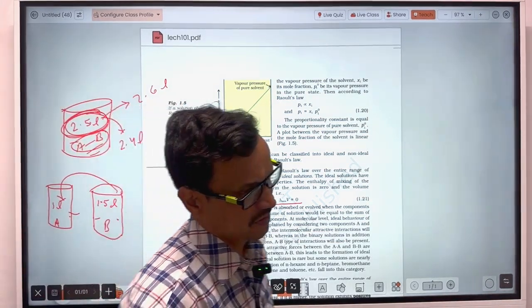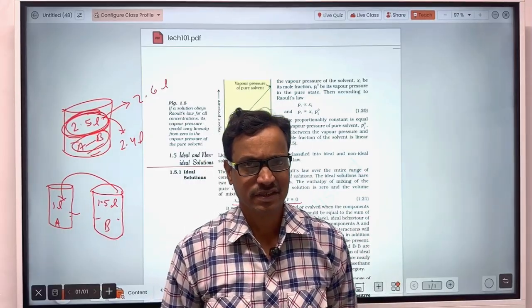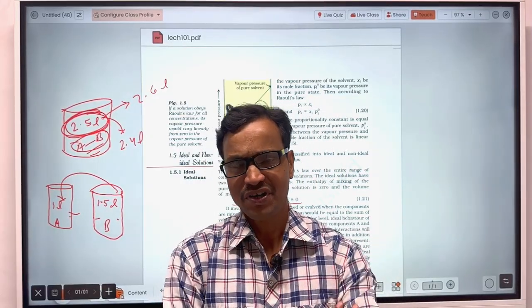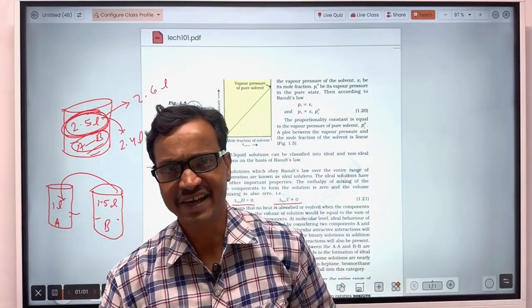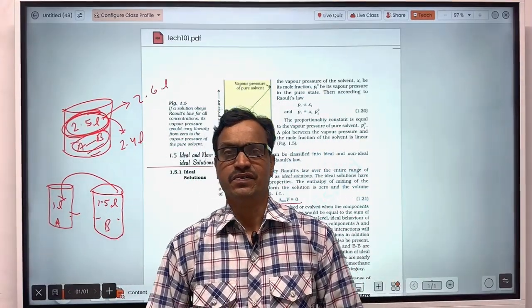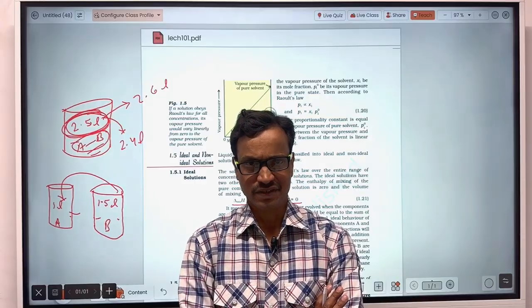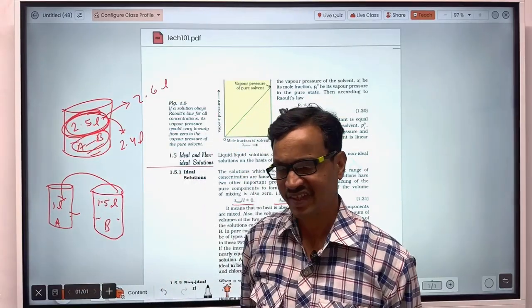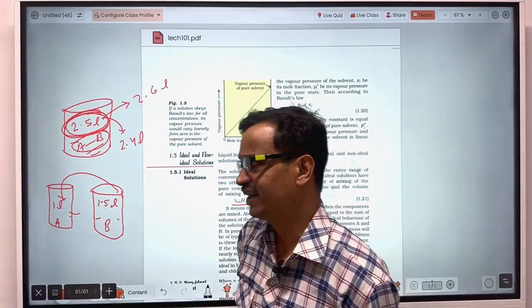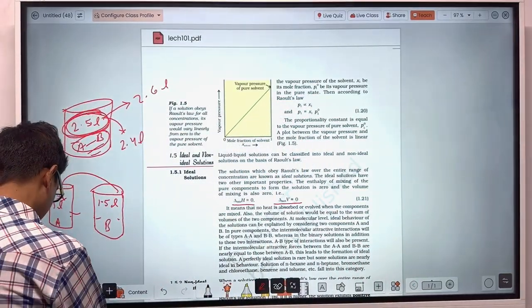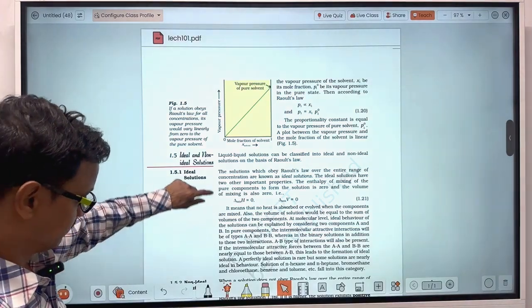In an ideal solution, during solubilization, there is no absorption or evolution of heat energy, and the volume of the resulting solution is the addition of both liquids. That is delta V mixing 0, delta H mixing 0. That will be an ideal solution.